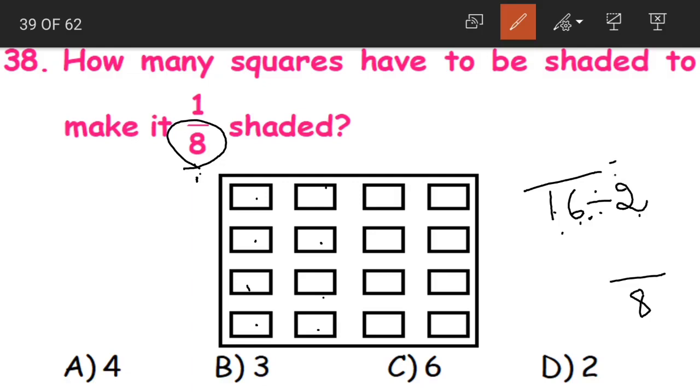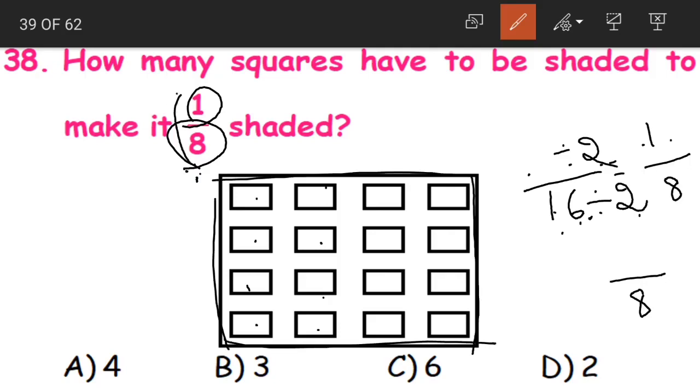Now here, when we divide the numerator by 2, we will get 1 in the numerator. Yes, this is an equivalent fraction. Here we are having 16 boxes, but in the question they have asked us to show 1 by 8. So the denominator is actually 16, but we want it to be 8.